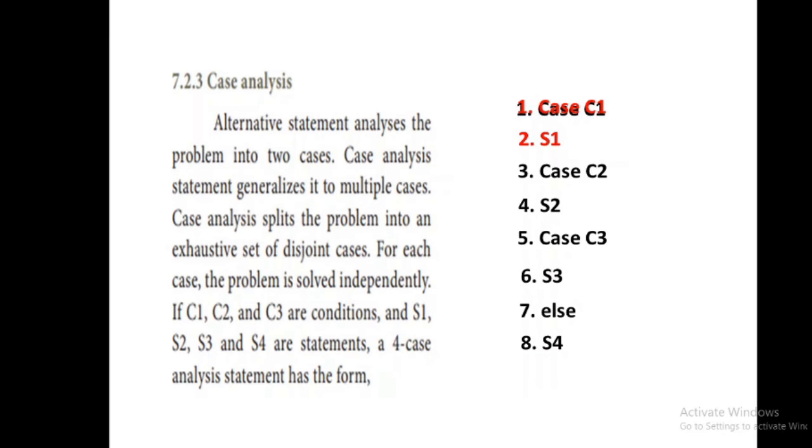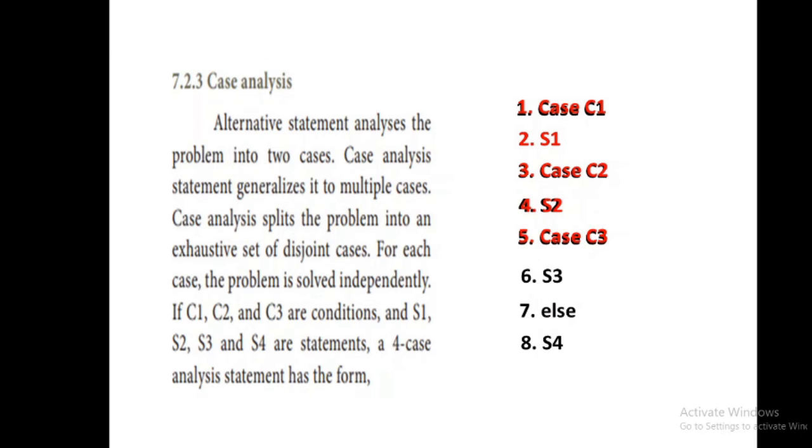Case analysis splits the problem into an exhaustive set of disjoint cases. For each case the problem is solved independently. If case 1 is satisfied, statement 1 is executed. If case 2 is satisfied, statement 2 is executed.